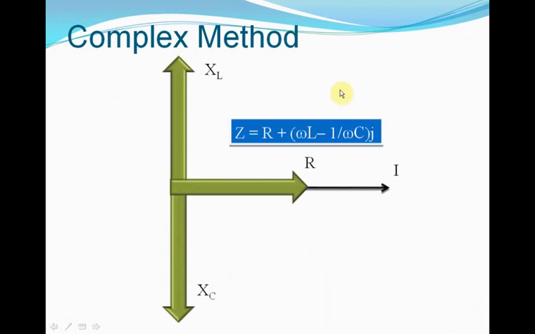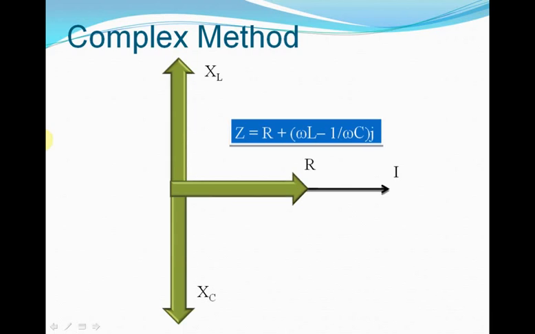For example, we assume that the x-axis is the real axis and the y-axis is the imaginary axis. In that case, whenever we're drawing phasors, we're drawing them either along the real axis or along the imaginary axis, isn't it? So R, the resistance, is along the real axis. XL and XC are along the imaginary axis. Similarly, the current initially is along the real axis.